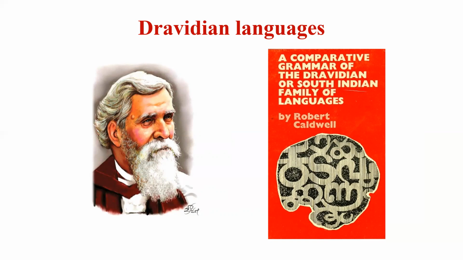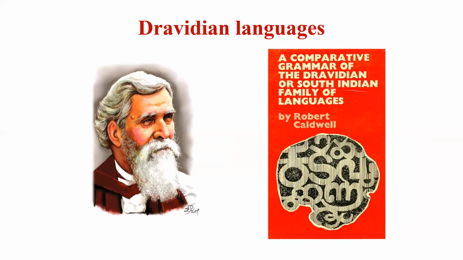He says these languages differ from the other languages in India, and he groups them under Dravidian languages. So under historical linguistics, we can study language families. We can also study Indian languages.